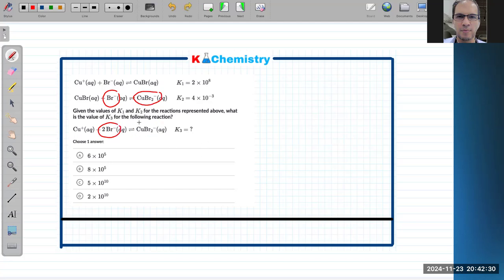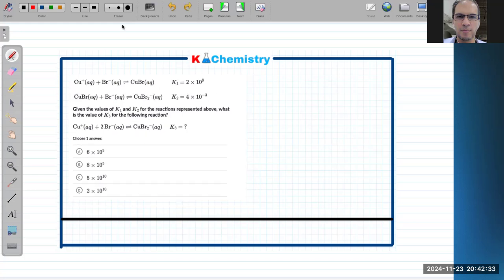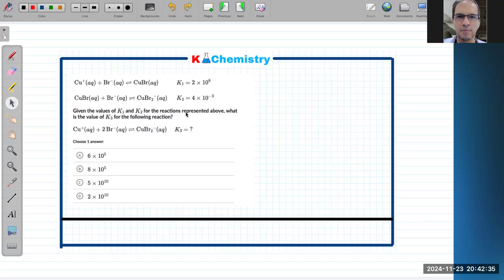So I think that they are both the same, non-changed for both of them. So this means that K equilibrium is equal to K1 and K equilibrium, we'll say it's K3, so K3 is equal to K1 and K3 is equal to K2. So to find K3, I just multiply the two together, just combine them together.